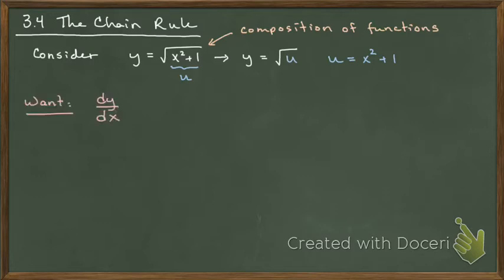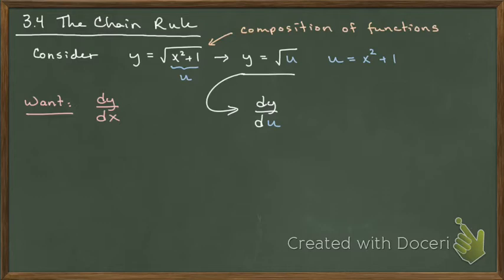So what we have is this function, square root of x squared plus 1, and I want the derivative. I want dy dx, okay? None of the rules we know so far apply directly to this function, right? I can't just do a product rule here. I don't have a product. There's no quotient. So I tried to work my way around this. And basically we take it piece by piece. We have what we would call the outside function, the square root function.